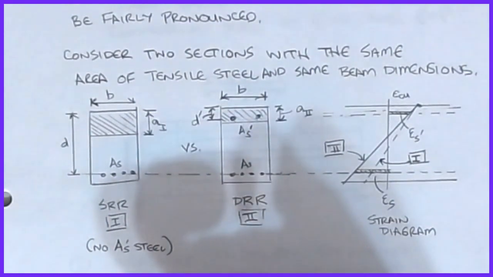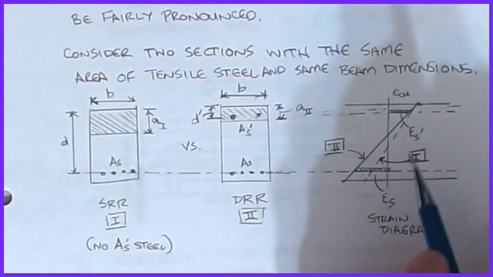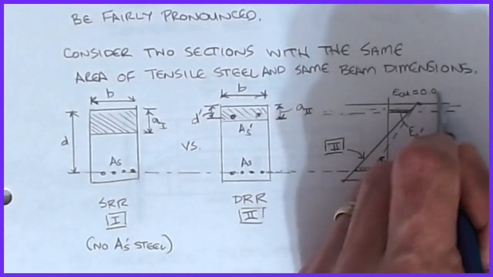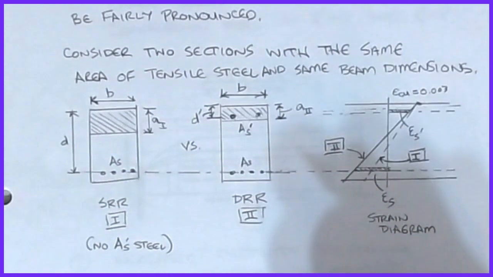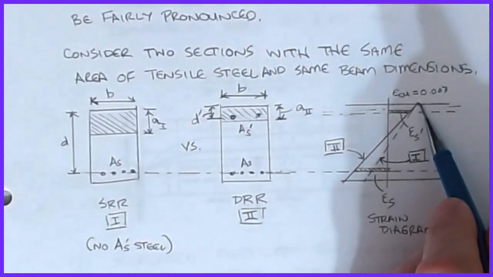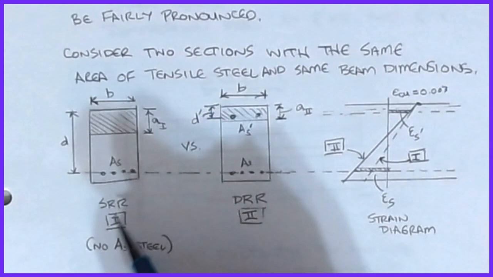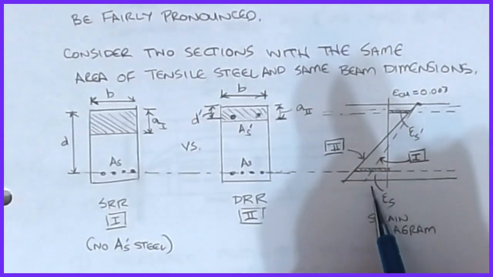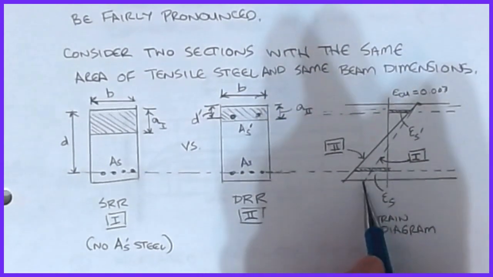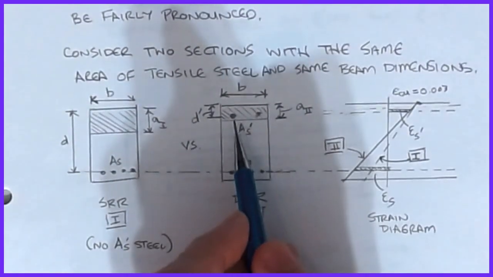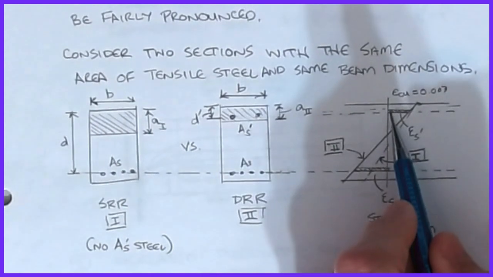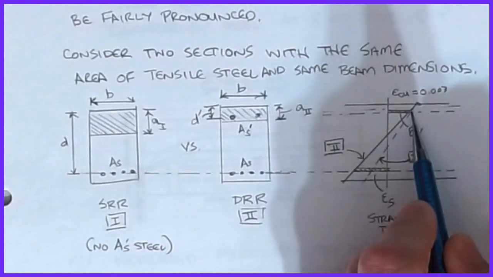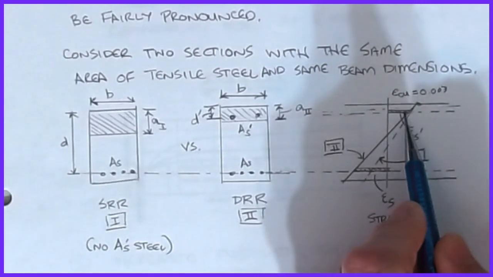And so what I've tried to illustrate here is that epsilon cu is still listed as 0.003. That's our particular value. And the strain diagram from case 1, our SRR case, would be represented by this dashed line. The effect on the strain diagram when I add As prime is that the strain that was at this level went all the way out to the dashed line, but when I add steel into it, the strain is going to decrease.